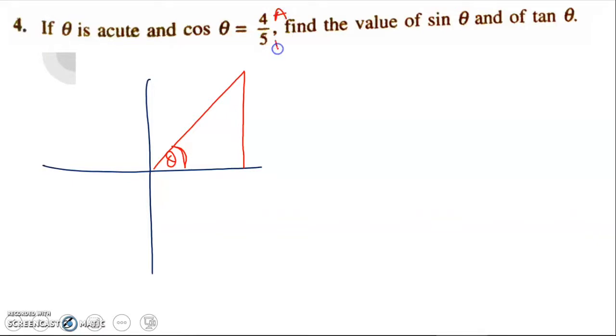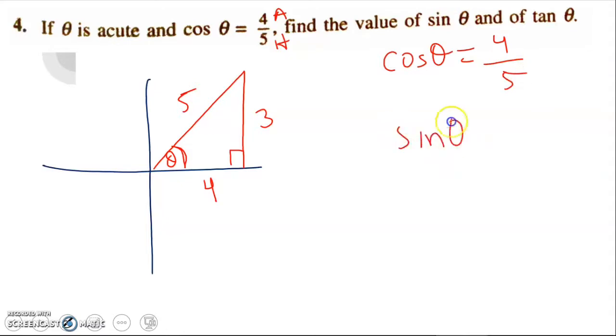Adjacent over hypotenuse. I know my hypotenuse is 5. I know my adjacent side is 4. And of course, I'll end up finding that this is going to be 3. I'll have to do Pythagorean theorem. Find the value of sine theta and tan. I know cosine already. That's 4 over 5.